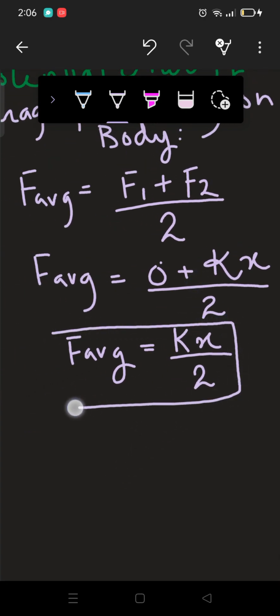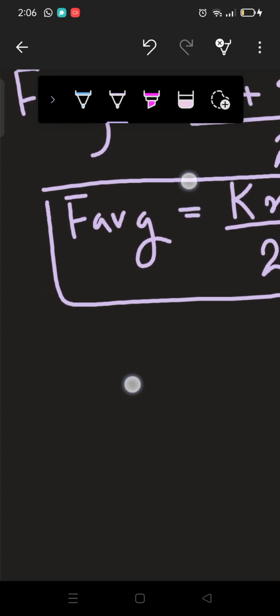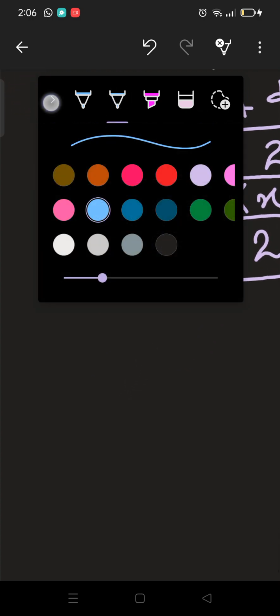right? Now what is the potential energy? We know that potential energy is stored in the body by the work, right? Work done on a body is stored as potential energy. So what is the work done on the body?